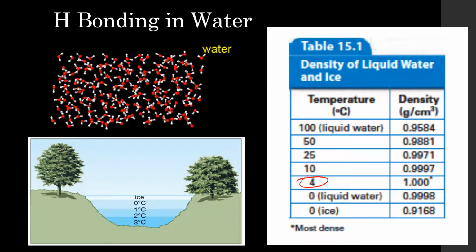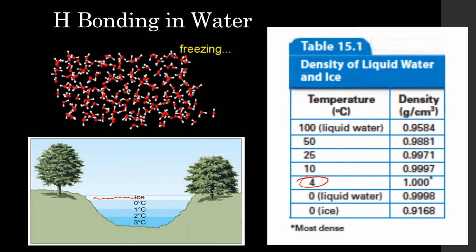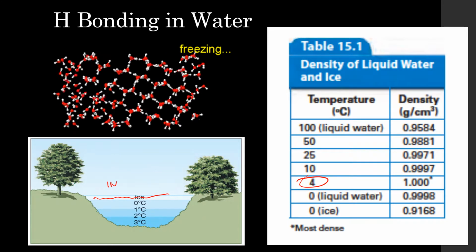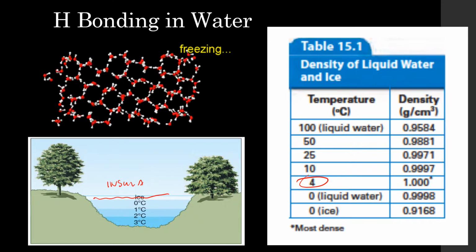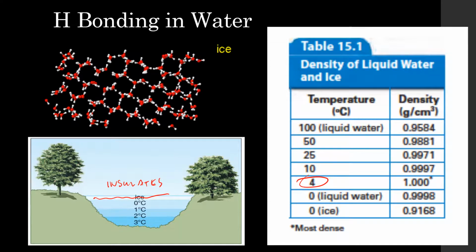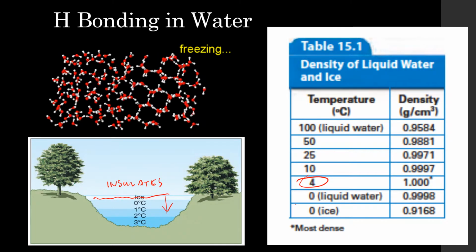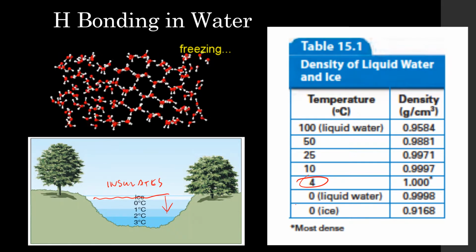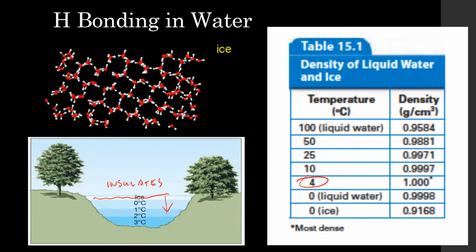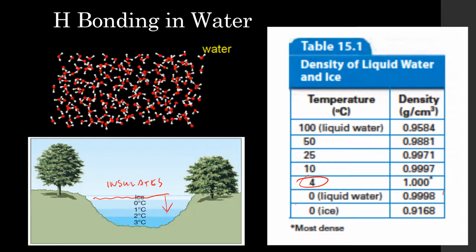Now that means that layer of ice insulates the rest of what's underneath, but when water does go to a lower temperature, it's going to float because it's less dense. So that makes it very important.